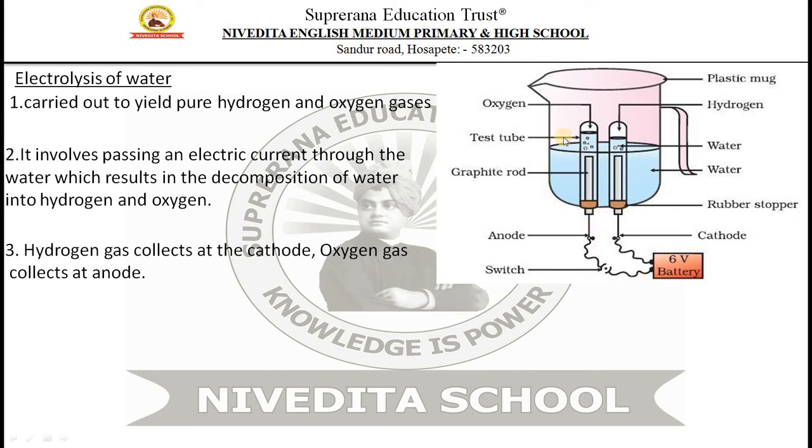The anode, being positively charged, attracts negatively charged oxygen towards it, and oxygen goes inside and deposits here on the top. And cathode being negatively charged attracts hydrogen, this goes on the top and gets deposited here.